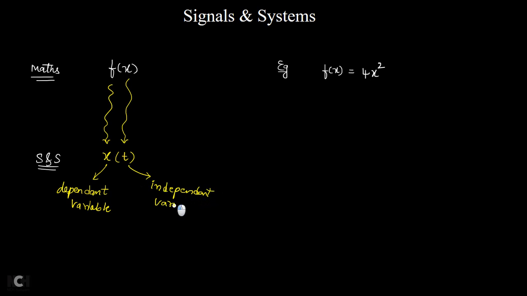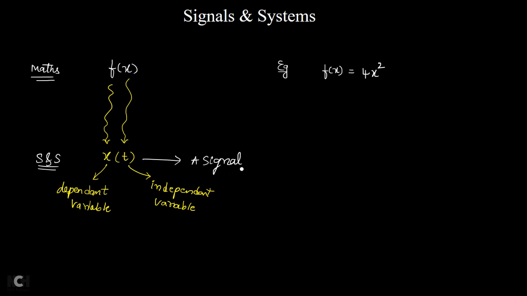Now this x of t notation, which has the same meaning as f of x in mathematics, and which is used in our course signals and systems, is called a signal. Wherever x of t, remember x and t should be small letters.